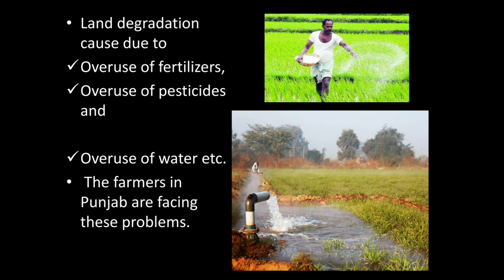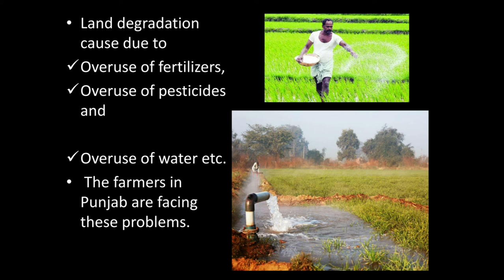Like every coin has two sides, the green revolution also has two sides. On one hand, it increased the production of Indian agriculture, but on the other hand, it required more irrigation and more use of chemical fertilizers.